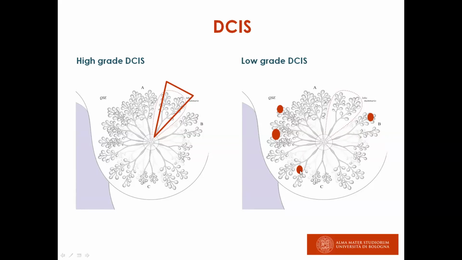But then you must be aware that you can have other microscopic foci of DCIS that are clonally independent. They are different tumors affecting different ducts, different lobes, but they can be present. So you must make a very, very close follow-up study.